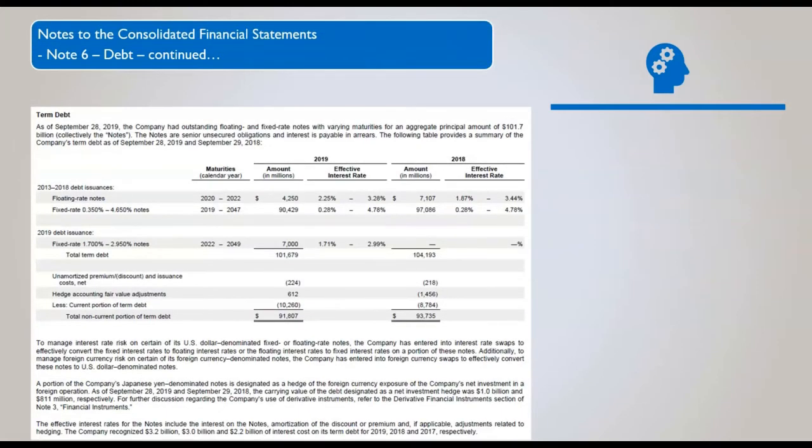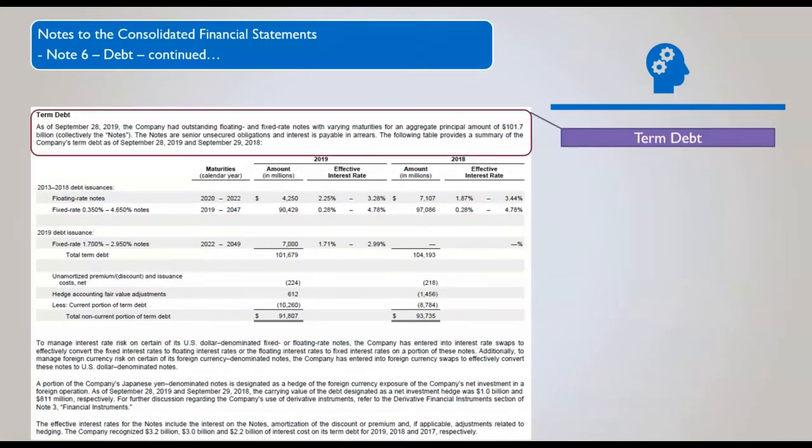This next slide is a continuation of the debt note. Here we can see the term debt. A term debt is a loan which is issued by a bank for a fixed amount and fixed repayment schedule. These loans can either be fixed or have a floating interest rate. So what is a floating interest rate?